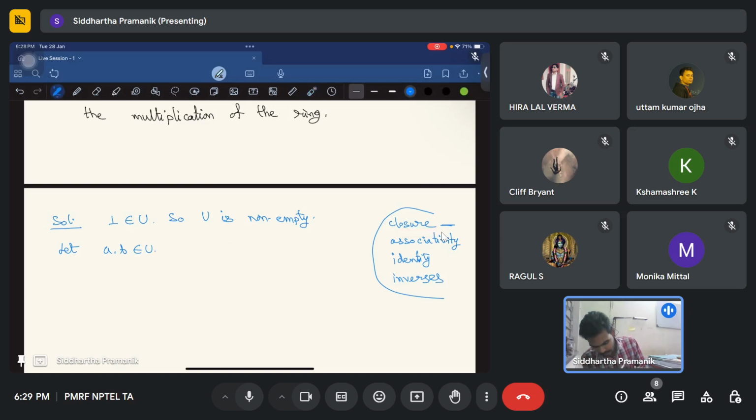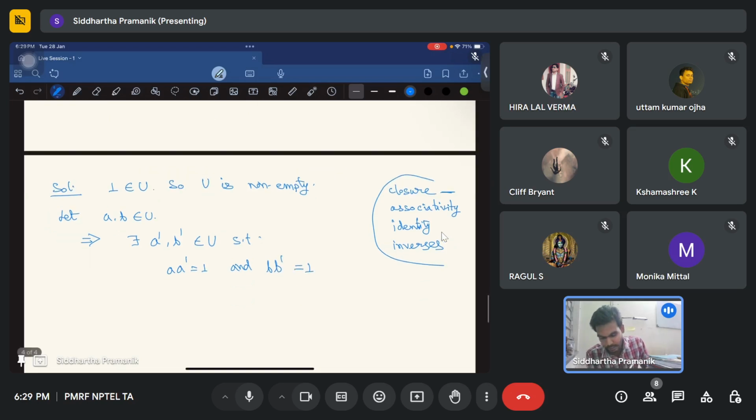Now A and B are in U, that means there exist A prime and B prime in U such that A A prime is 1 and B B prime is 1 because they are units. So that exist by the definition.